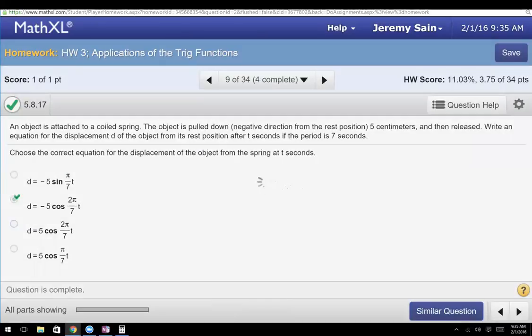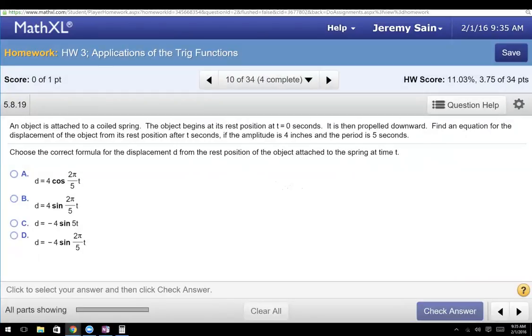Cool. Let's do another one like that. Another one of the actual word problems, not just solving triangles. Let's do every other one instead of every third one. So an object is attached to a coiled spring. The object begins at rest, then propelled downwards. Find an equation for the object.